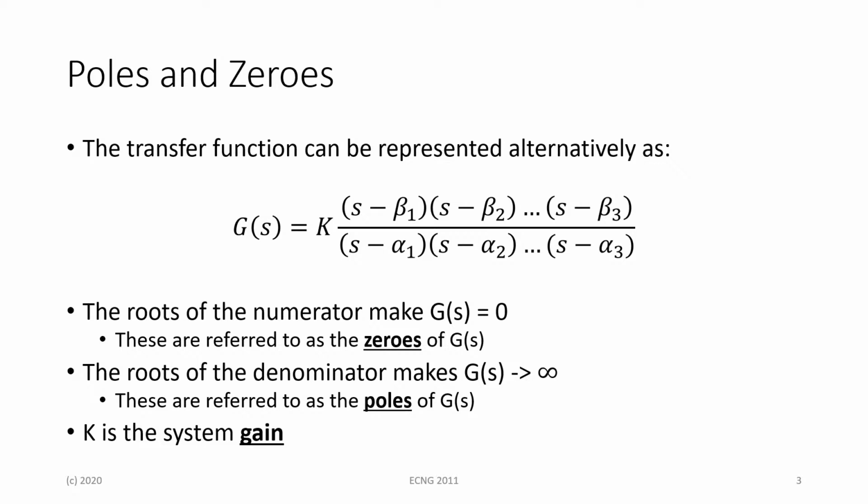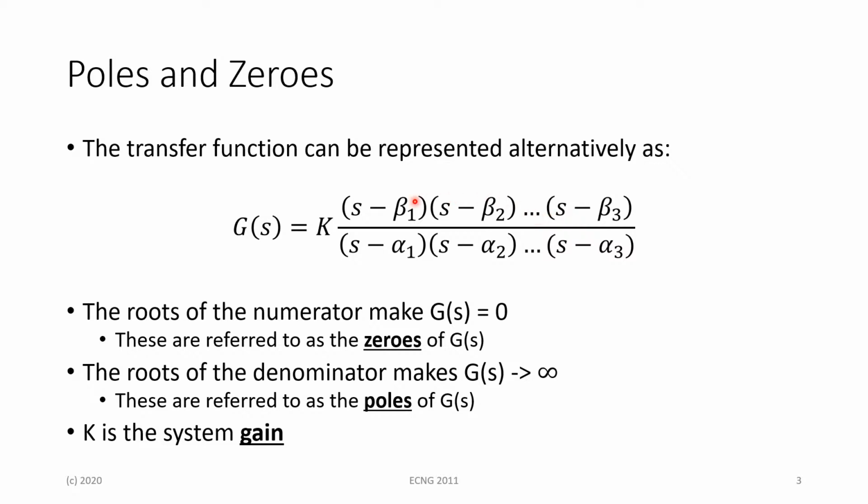Alright, so what this means is that when we factorize the numerator and the denominator in particular, we are able to obtain a constant, if it's possible, and then we can get factors on the numerator accordingly and on the denominator. Now, these factors are also referred to as roots, because if you ever factorize a quadratic equation or a cubic equation, those roots indicate when the entire equation is equal to 0.